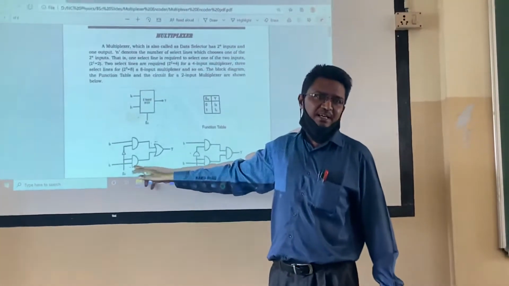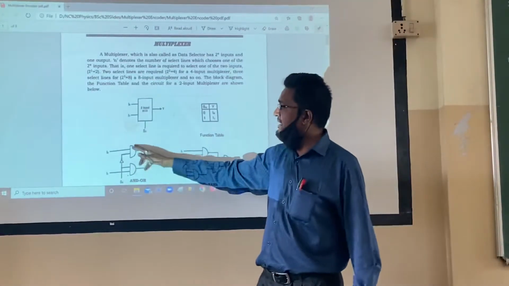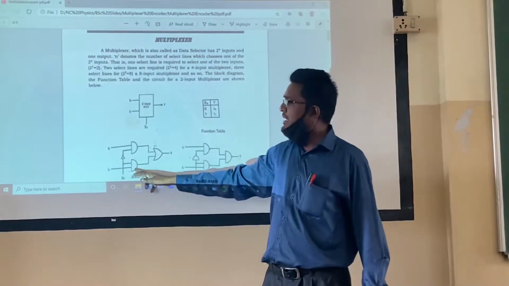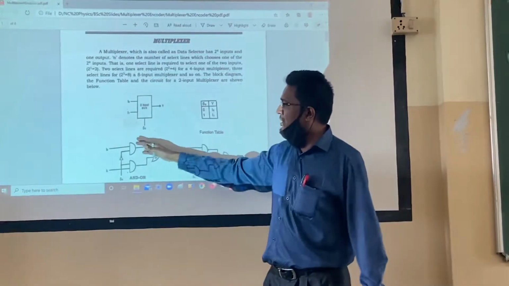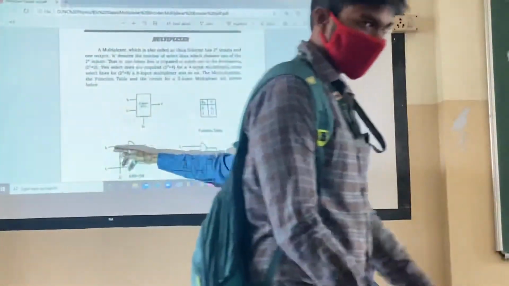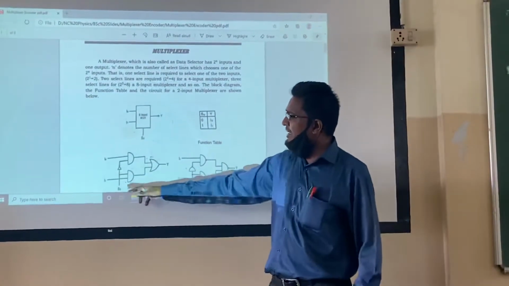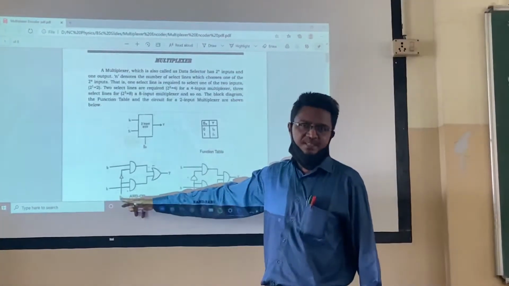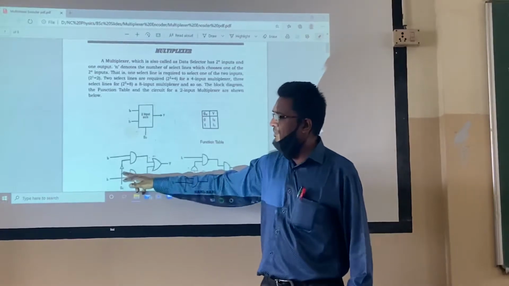Now if you see the circuit diagram, you can easily learn. See, there are two AND gates and a NOT gate and an OR gate. So, if I have say I0, I1, if I give a 0 here, what will happen now? The 0 goes here.